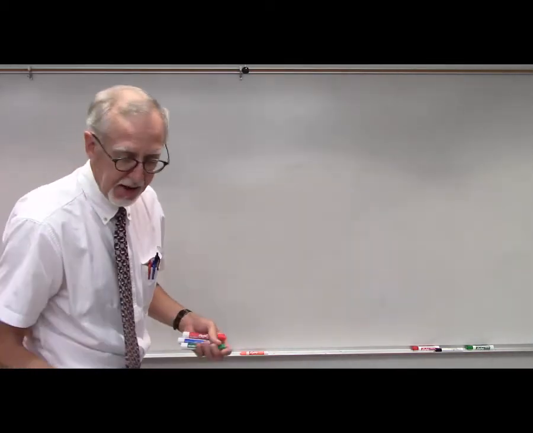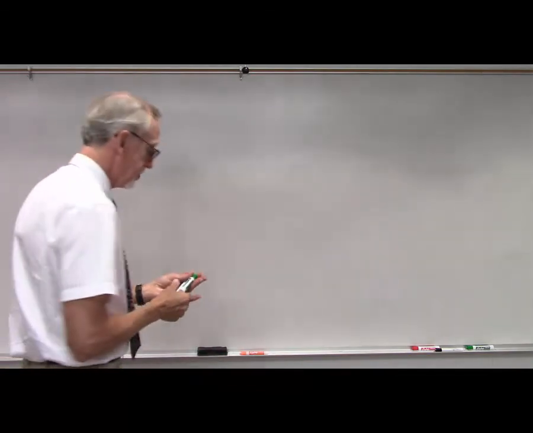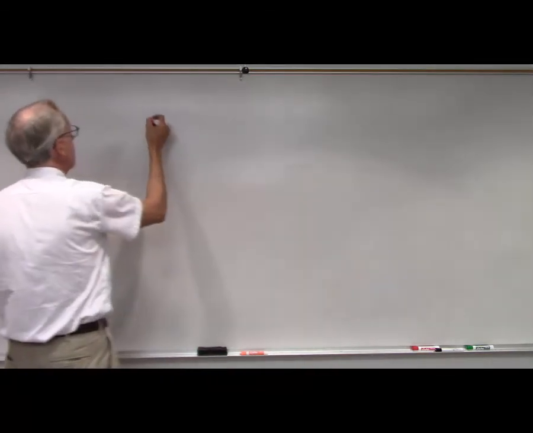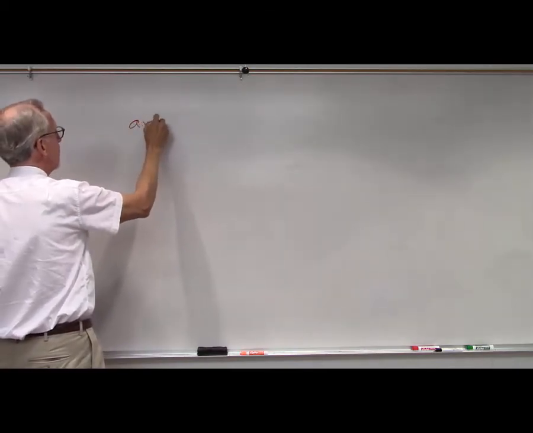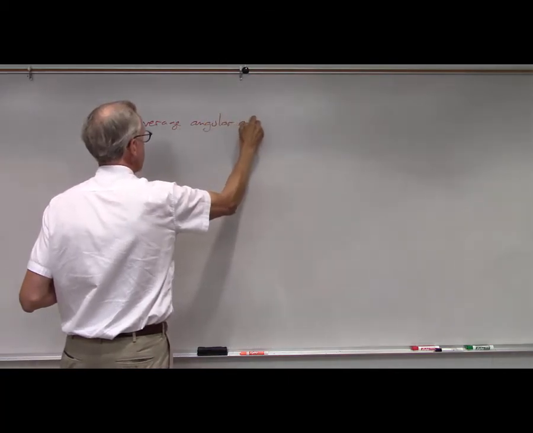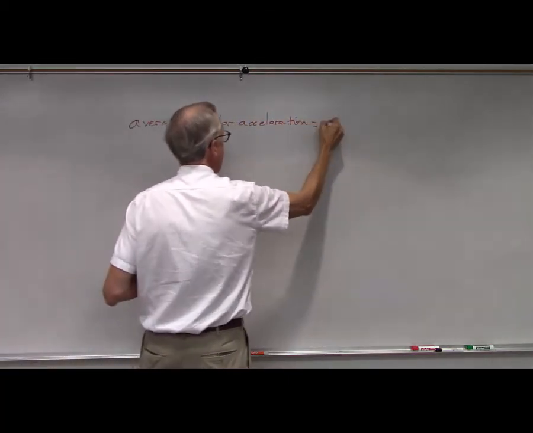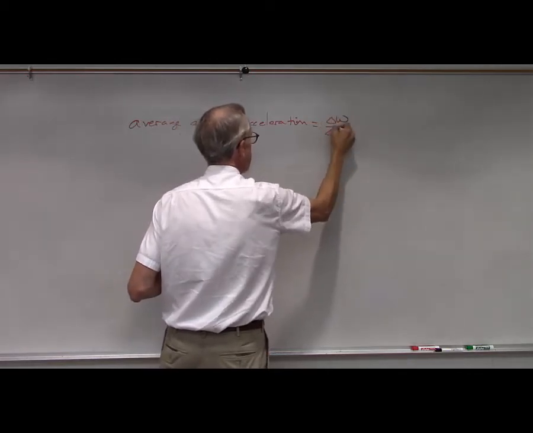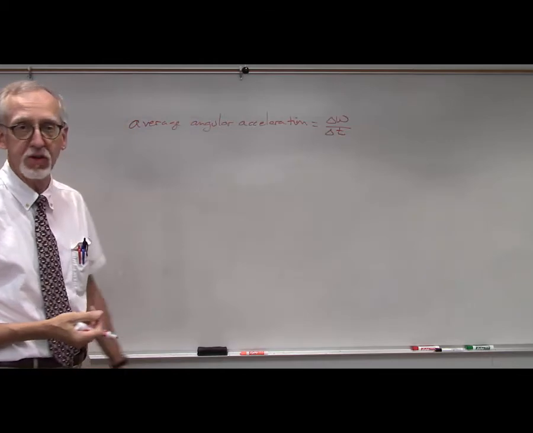We will define the angular acceleration in the same way that we did with linear motion. We'll define the angular acceleration first with an average, the average angular acceleration, by the change in the angular velocity divided by the change in time, delta omega over delta t.